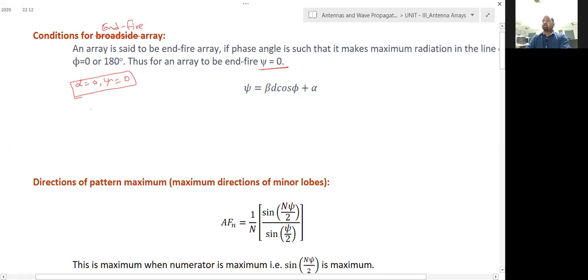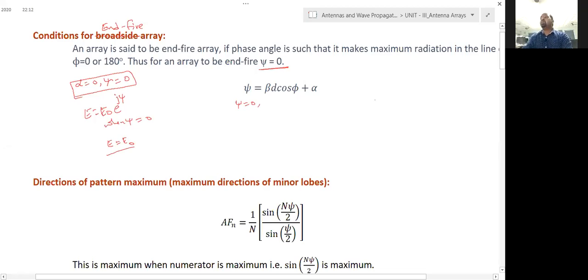Because E is equal to E naught e power j psi, when psi is equal to 0, you will get maximum value, E is equal to E naught. So psi is equal to 0 is one condition.